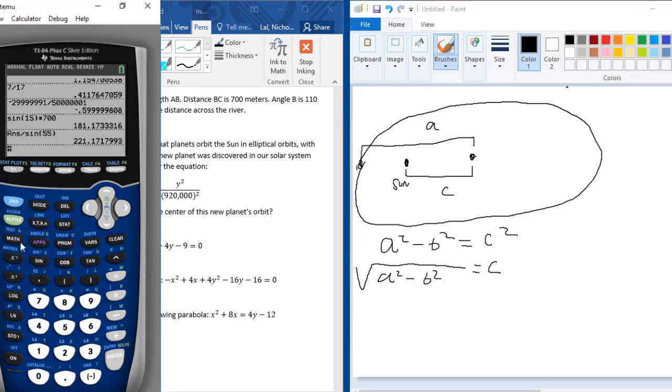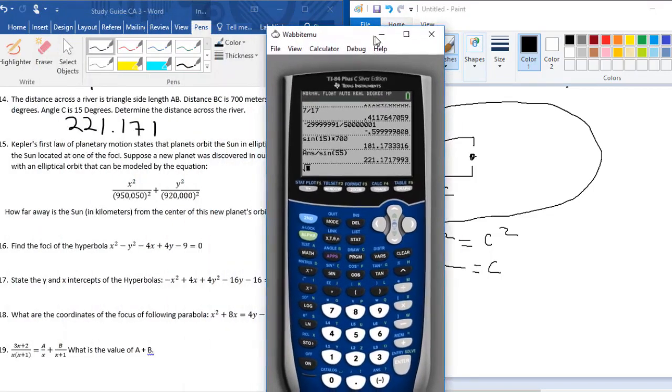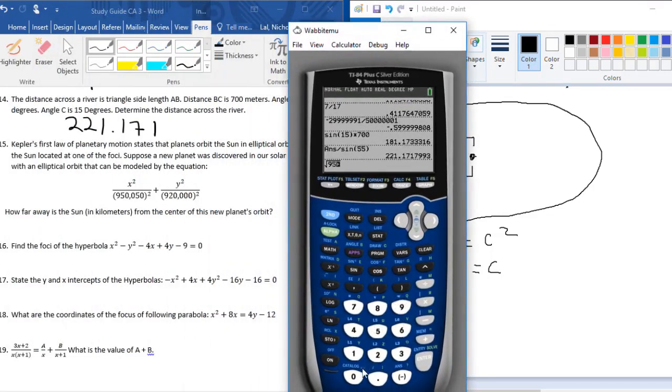So C is equal to the square root of 950,050 squared minus 920,000 squared.